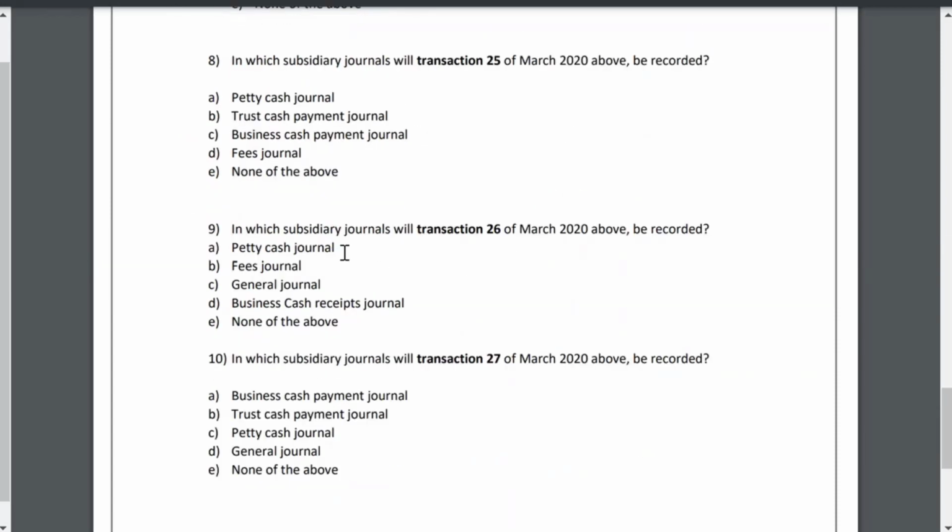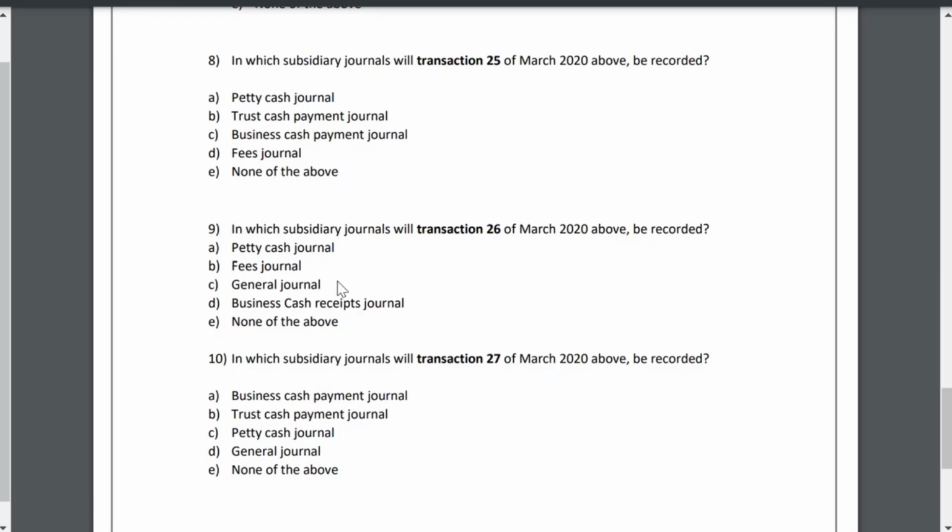Transaction number 26 will be recorded in your petty cash journal, fees journal, general journal, business cash receipts journal, or none of the above. Alicia is saying the answer is C, general journal. Faith is saying none of the above, and Palesa is saying general journal.